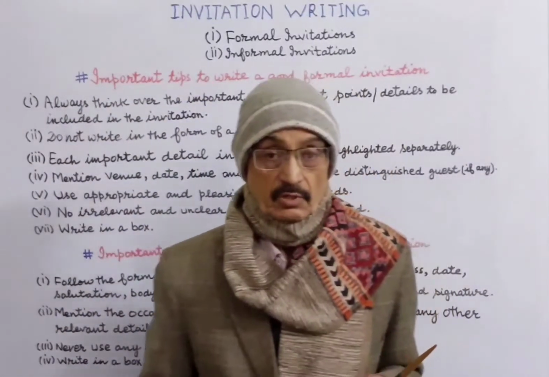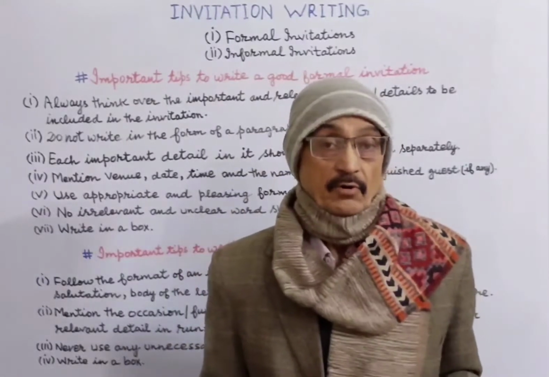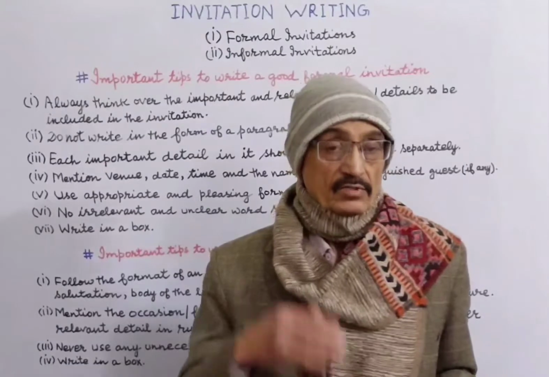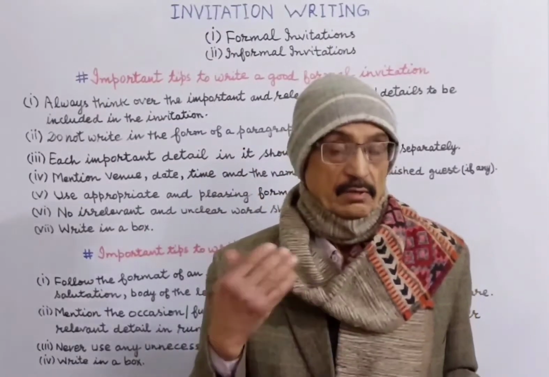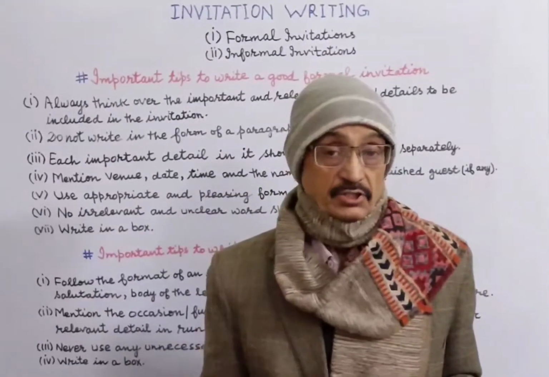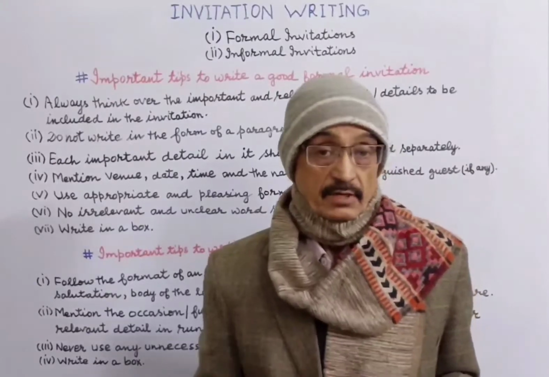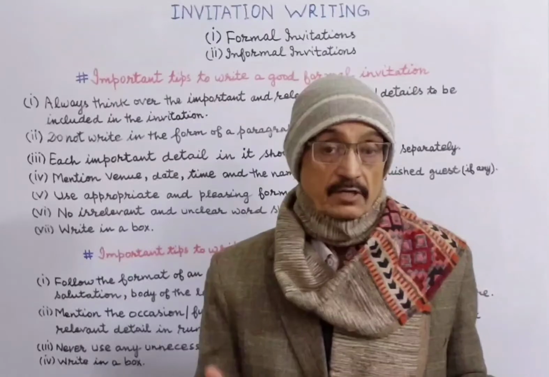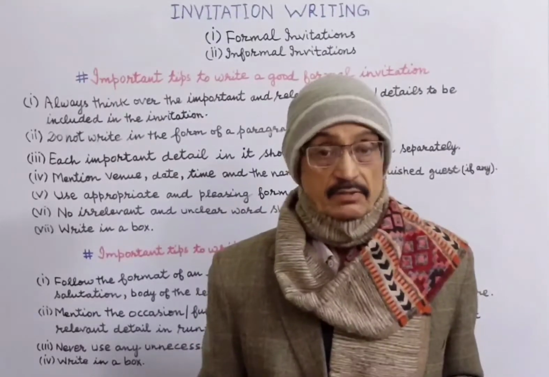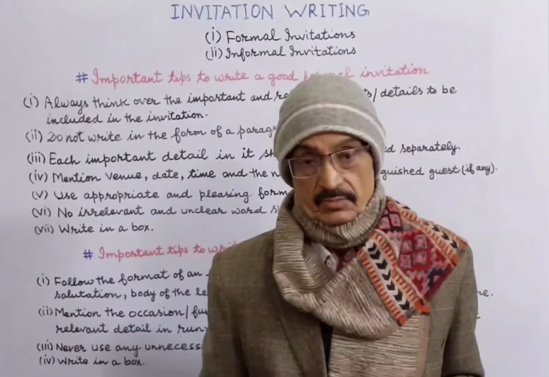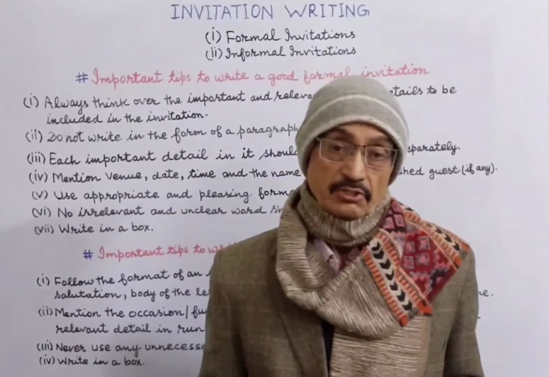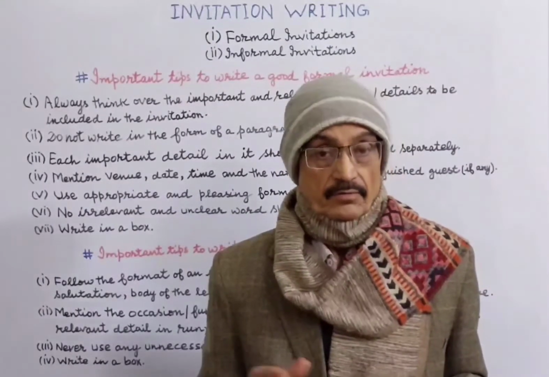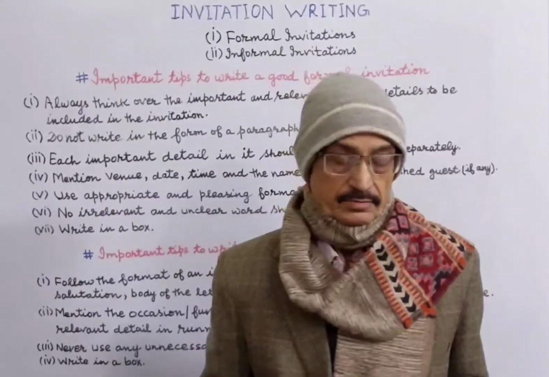You must be knowing the format of an informal letter. First you write self-address, date, then salutation, then body of that letter, means communication, then polite or courteous leave-taking, and then signature. Informal invitation is written very much like an informal letter.